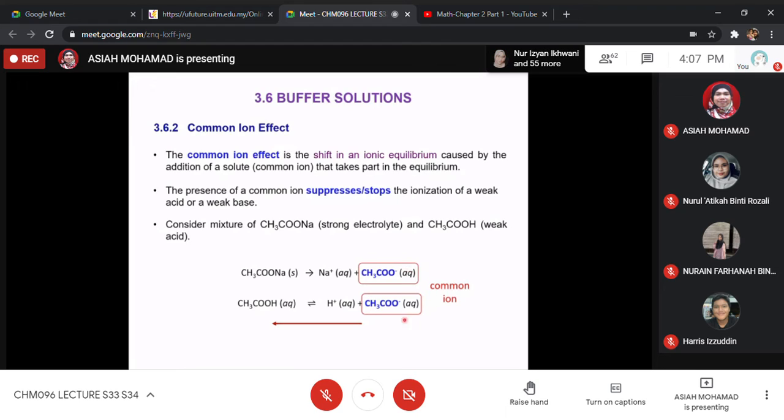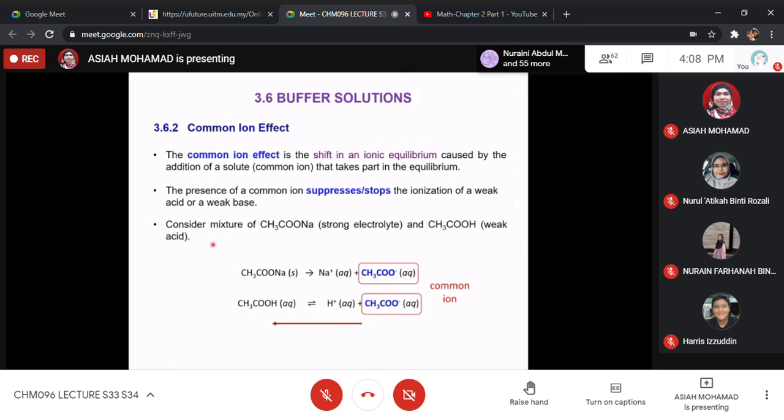That is called a common ion. The common ion effect is the shift in an ionic equilibrium caused by the addition of a solute or common ion that takes part in the equilibrium. The presence of a common ion suppresses or stops the ionization of a weak acid or a weak base.